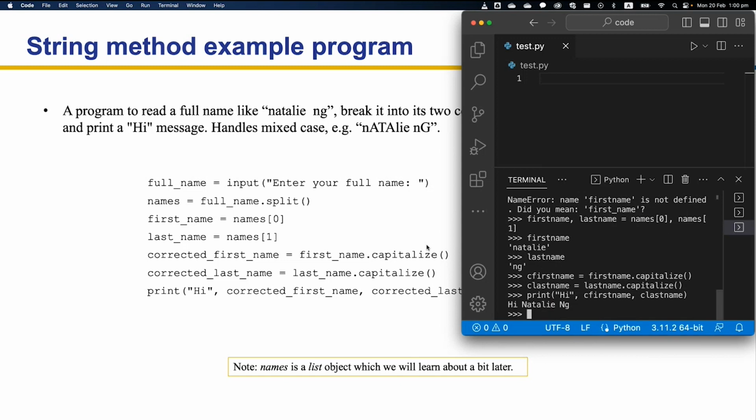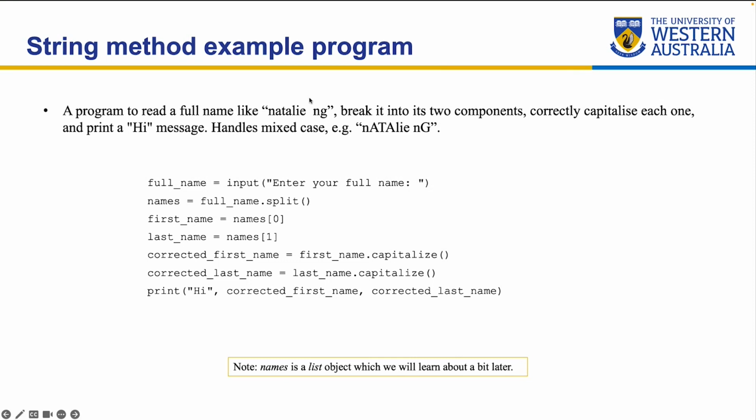Okay, then you say hi Natalie Ing with the correct first letters capitalized. Okay, so this code given here should work even if your input was really strange like this over here. So you can try that yourself.